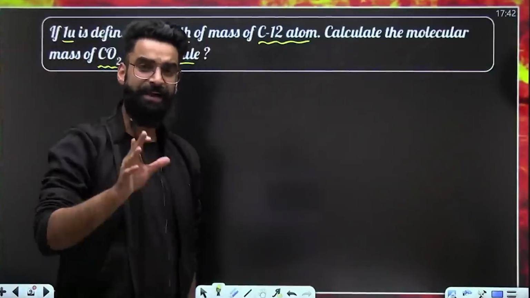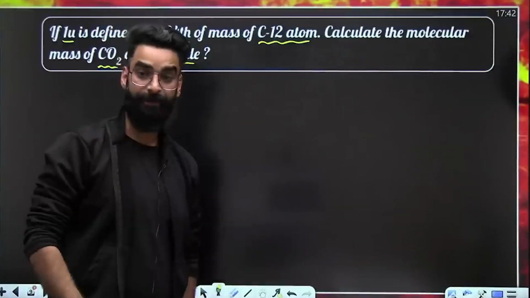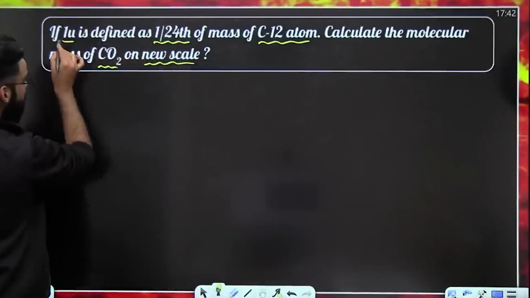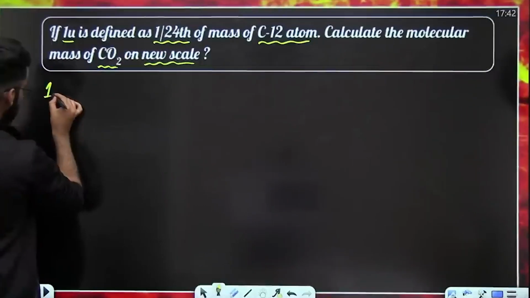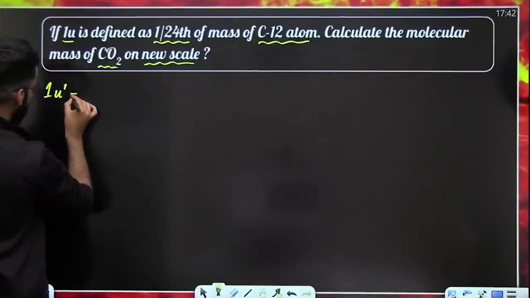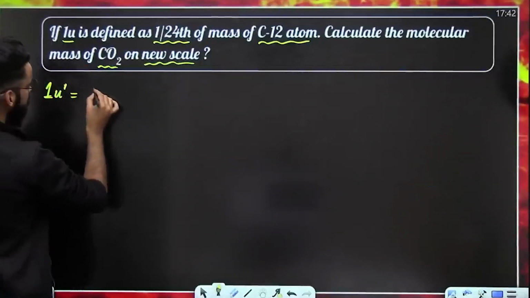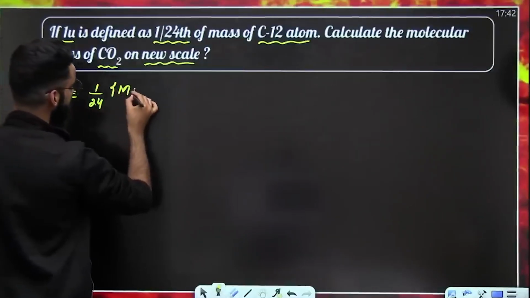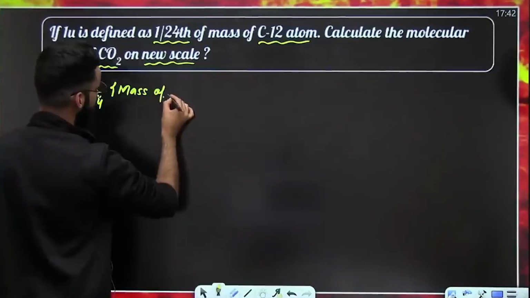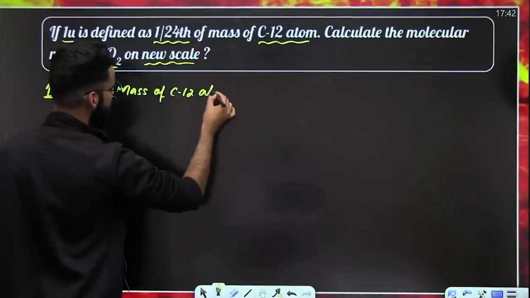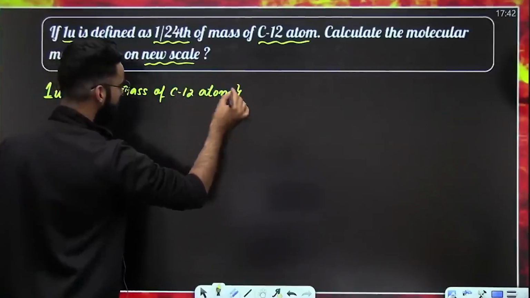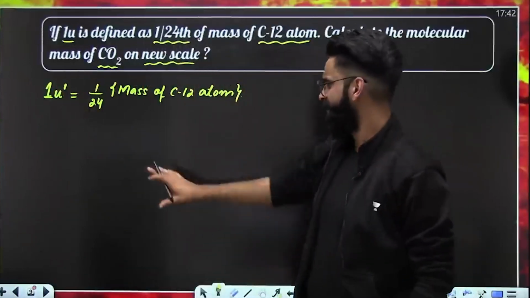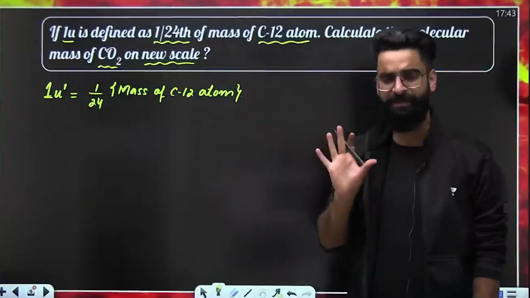So what the question says and how we are going to deal with it. Have a look. First of all, as per the question, we have to define 1U' as 1/24th of the mass of carbon-12. This is how we have to define it as per the question.